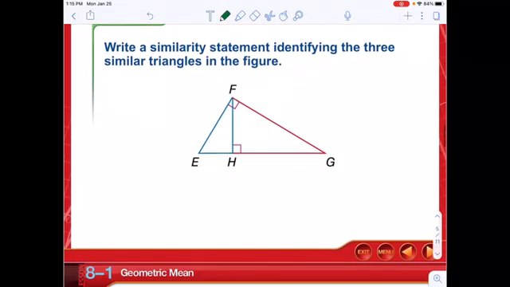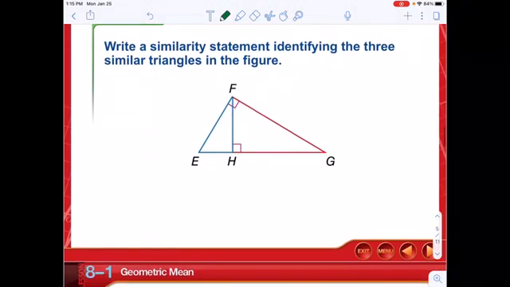So write a similarity statement identifying the three similar triangles in the figure. Notice we did this earlier. We had 65 here, 25 here, 65 here, 25. Sometimes it's nice giving arbitrary numbers like that when you know you have 90s, so that way you can match up what angle goes to what angle. In this case, I'm going to go 65, 25, 90.